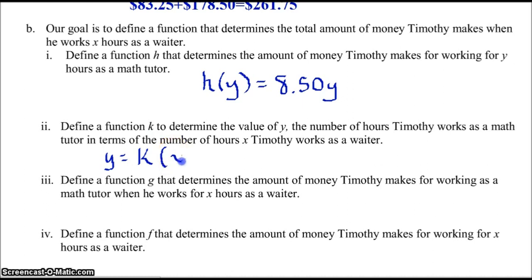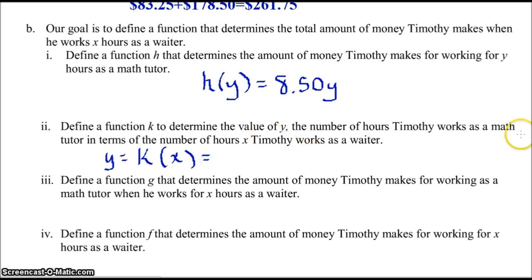Determine a function k to determine the value of y, the number of hours Timothy works as a math tutor, in terms of the number of hours x. So x is going to be our input into our function k, which will help us find this quantity y.